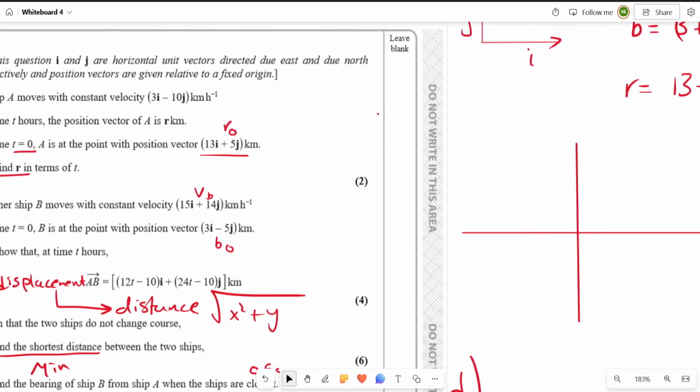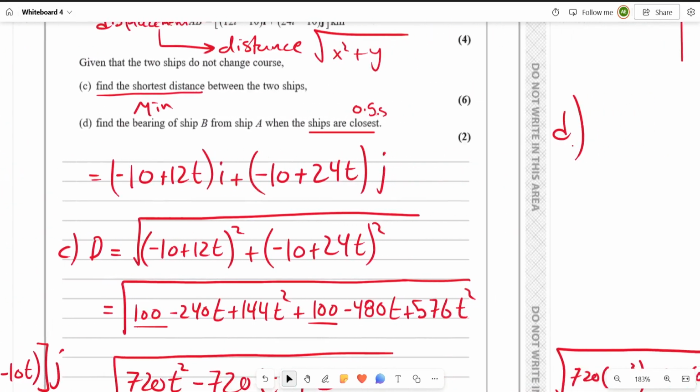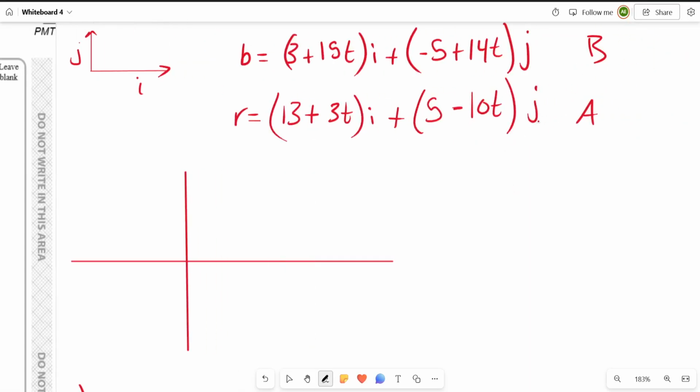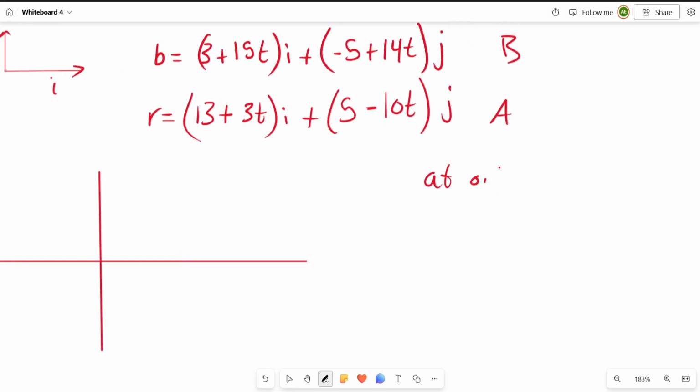So it was 13 plus 3t. I don't know why this was not copied in the i. So at t equals 0.5 seconds, we are going to use this to find the position of A. We substitute 0.5 for every t.